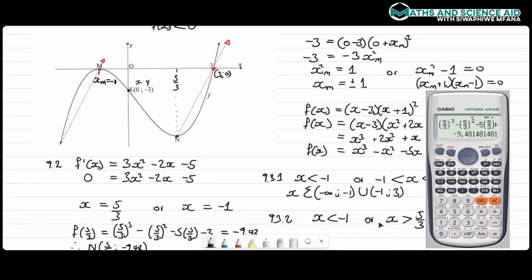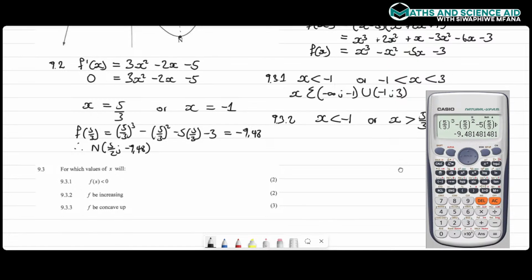You see? So that is as simple as it is, guys, to determine where a function is increasing or decreasing. You just need to know where your turning points are, or the x values of your turning points, and then you'll be able to see from your graph immediately on which intervals it is increasing or decreasing. And then we have 9.3.3.